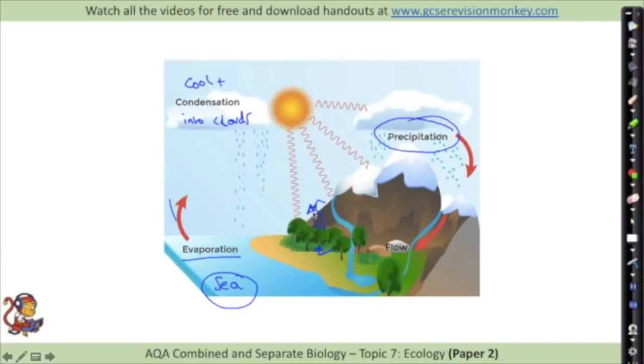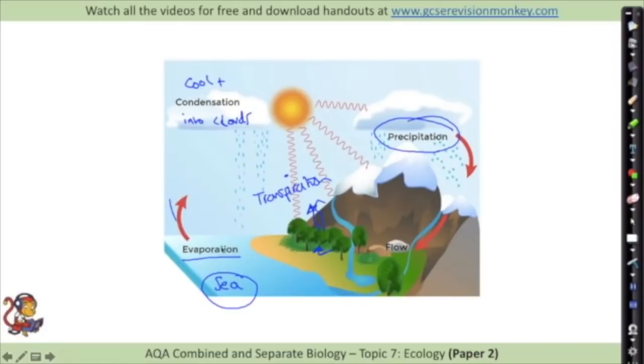This comes up in paper 1 as well, this process whereby plants take up water and evaporate it from their leaves, and this is called transpiration. So through evaporation, condensation, precipitation, flow back into the rivers, and transpiration, that is how the water is cycled on our planet.